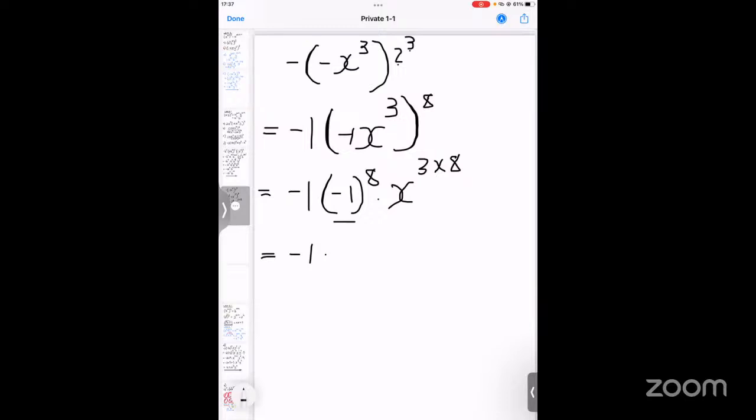That'll be +1. Okay, so that means we have -1 that multiplies with +1, and then we have x to the, what is that by that?